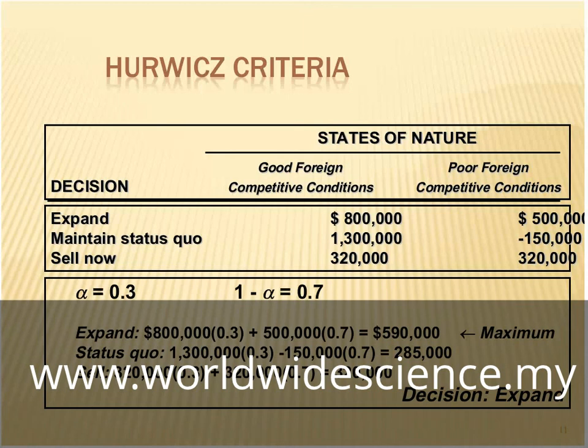Okay? When you say the coefficient of optimism, خوشبینی, for good foreign competitive condition is 30%, it means that the poor foreign competitive condition is 70%. It's clear.